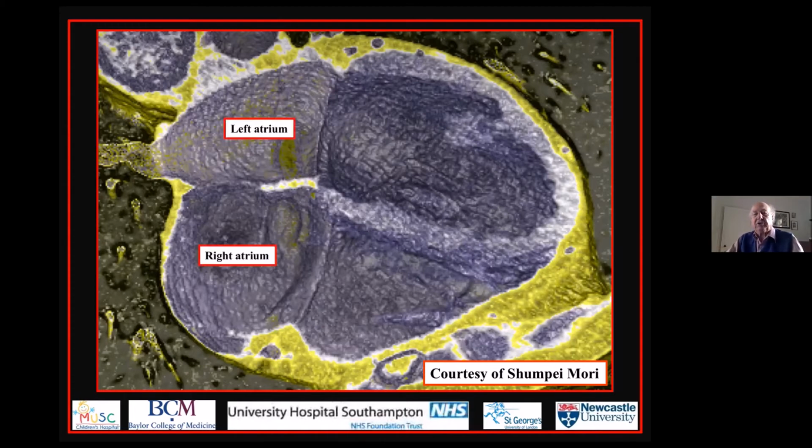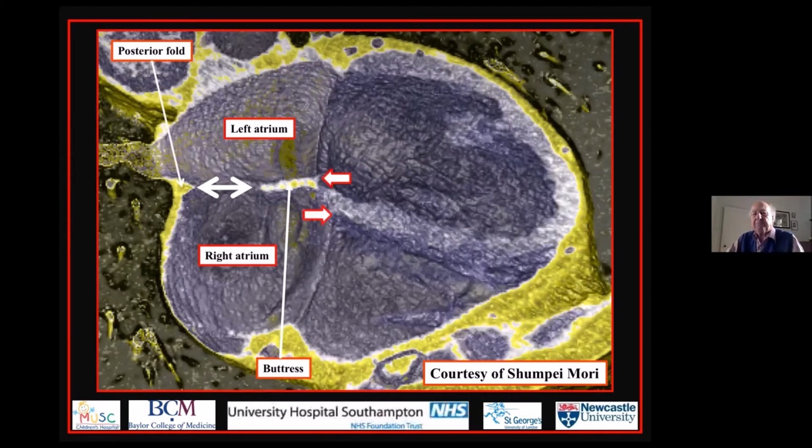So the right atrium is in front of the left atrium, and there now we see the oval fossa. But now we see that there is a true component that is interposed between the cavity of the right and the left atrium. And this is what I would like to call the antero-inferior buttress.